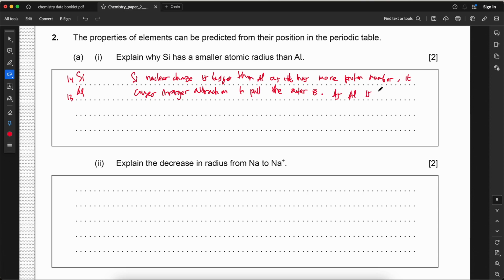As aluminum is in the same period, it has the same number of electron shells. Thus, it has the same amount of shielding.